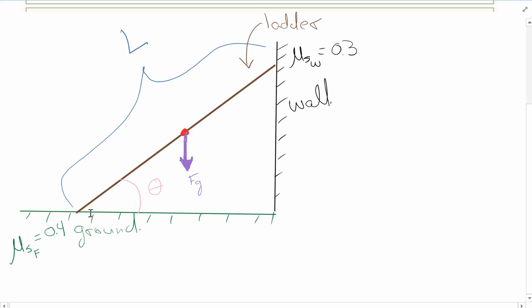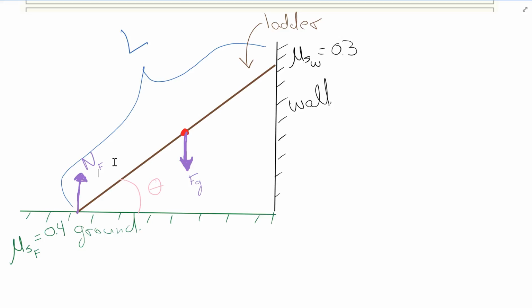Well, the floor is applying a normal force on this ladder. It's preventing it from falling down and sinking, right? So it's going to apply a force upwards. And I'm going to label that the normal force from the floor. You could call it FNF if you'd like. I'm just going to call it N for normal. But it's also applying a friction force that's stopping this ladder from sliding.